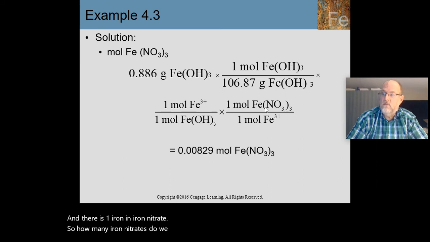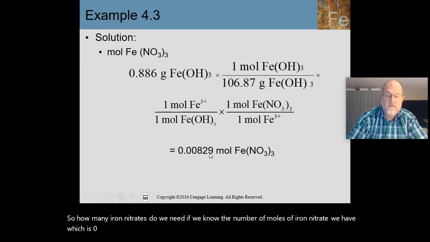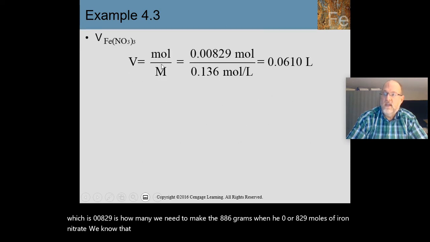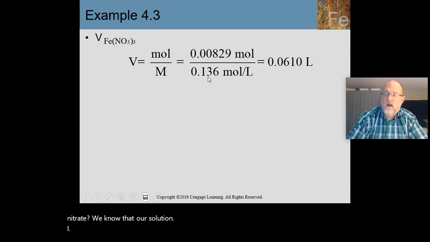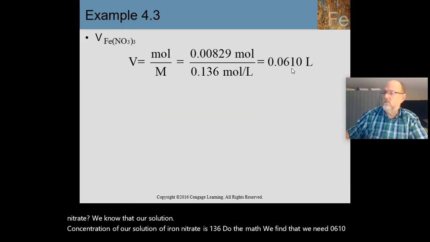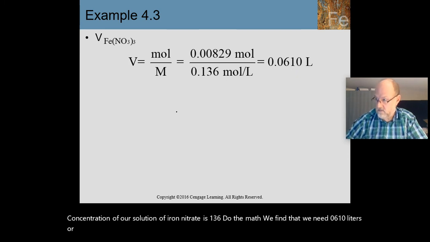We need 0.00829 moles of iron nitrate to make the 0.886 grams. We know the concentration of our iron nitrate solution is 0.136. Do the math, and we find we need 0.0610 liters, or 61 milliliters.